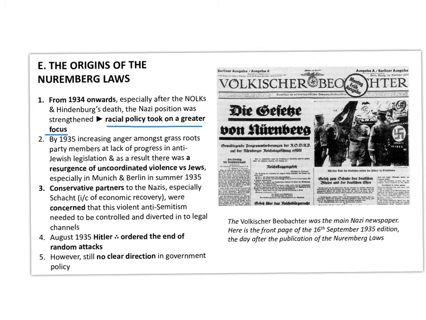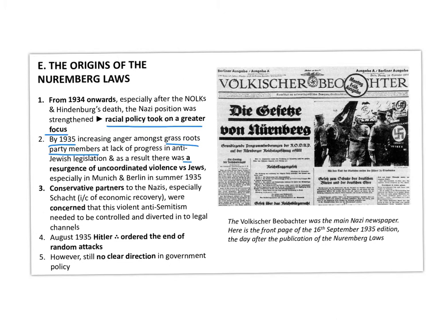And although Hitler in 1933 to 34 has tried to channel that anger within the party, that hatred of Jews, into legal routes, by 1935 we start to see frustration at the grassroots amongst the party members themselves, the radicals, the people who joined the party because they really hate the Jews. We start to see it beginning to rear its head again.